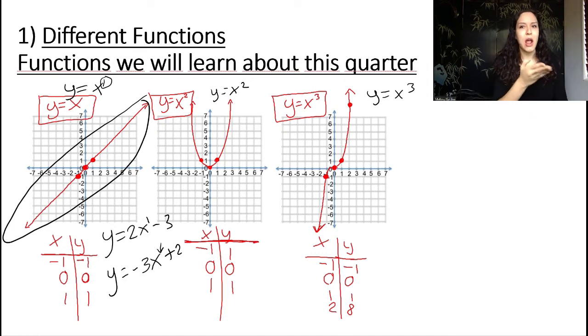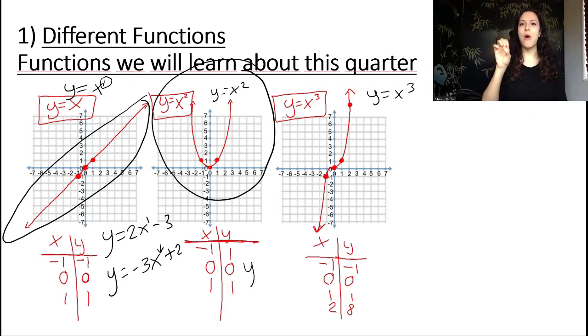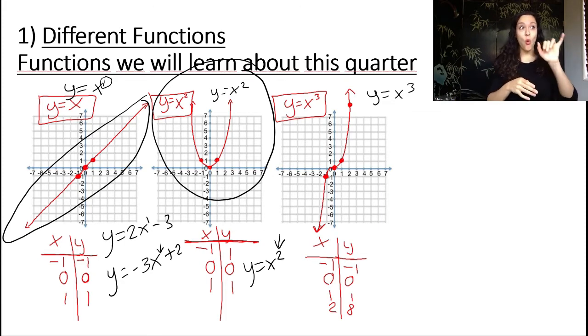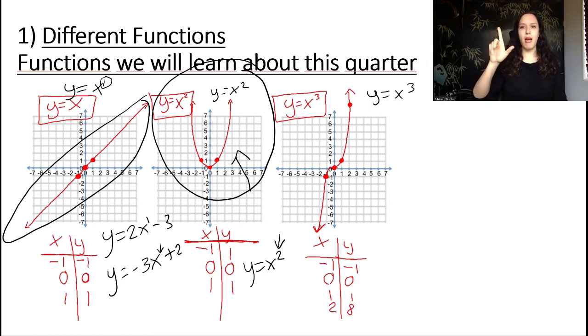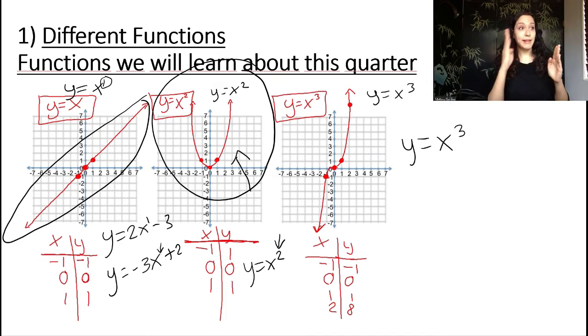Now, for this graph right here, it says y equals x squared. There's a square there, so that's not a line. It makes this parabola shape, which is like a U. If I have y equals x cubed, then I have a 3 as my exponent here.